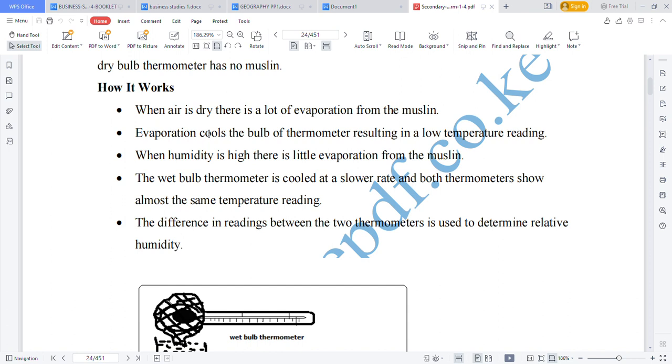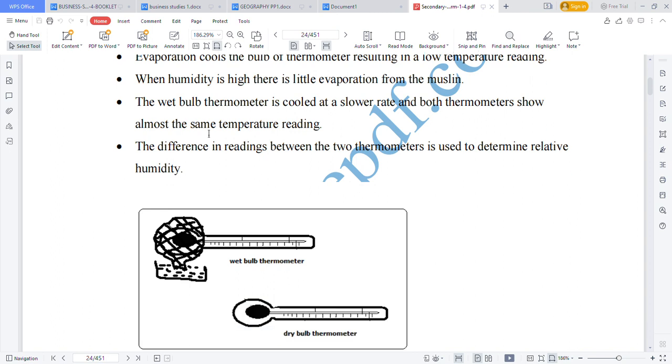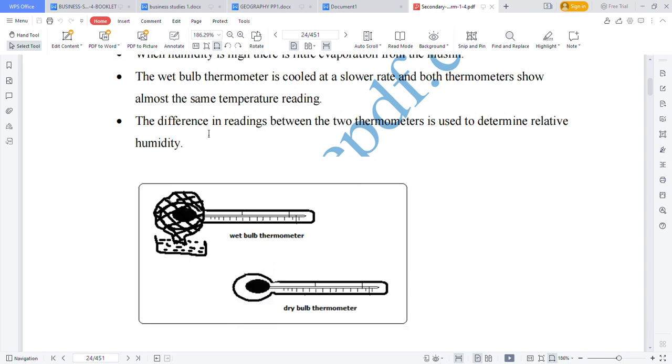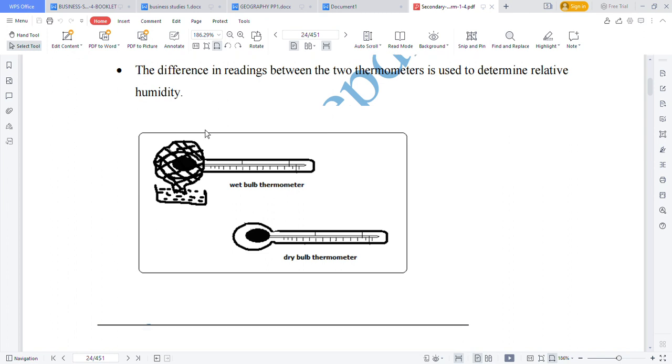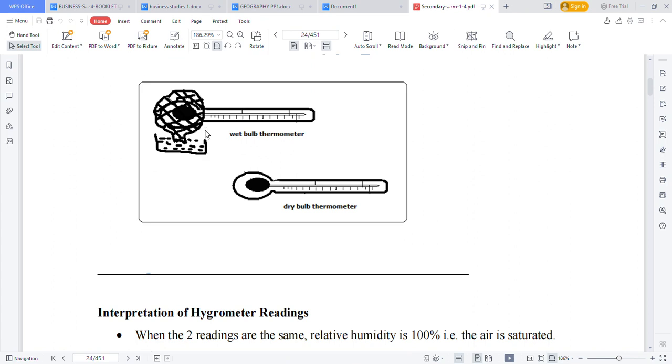The wet bulb thermometer is cooled at a lower rate, and both thermometers show almost the same temperature reading. The difference in reading between the two thermometers is used to determine the relative humidity. So we have the wet bulb thermometer and the dry bulb thermometer, as you can see in the diagram.